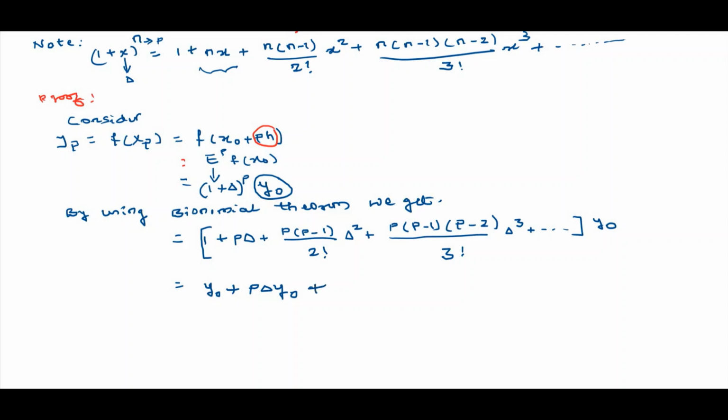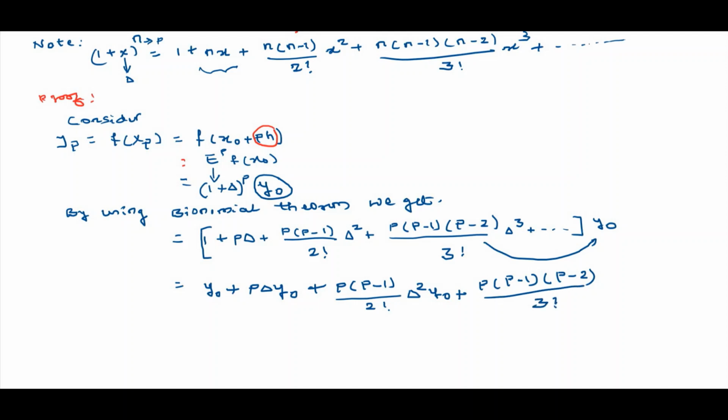Next, multiplying this term with y naught, we get p into p minus 1 divided by 2 factorial delta square y naught, plus p into p minus 1 into p minus 2 divided by 3 factorial delta cube y naught, plus and so on, continuing in the same way.